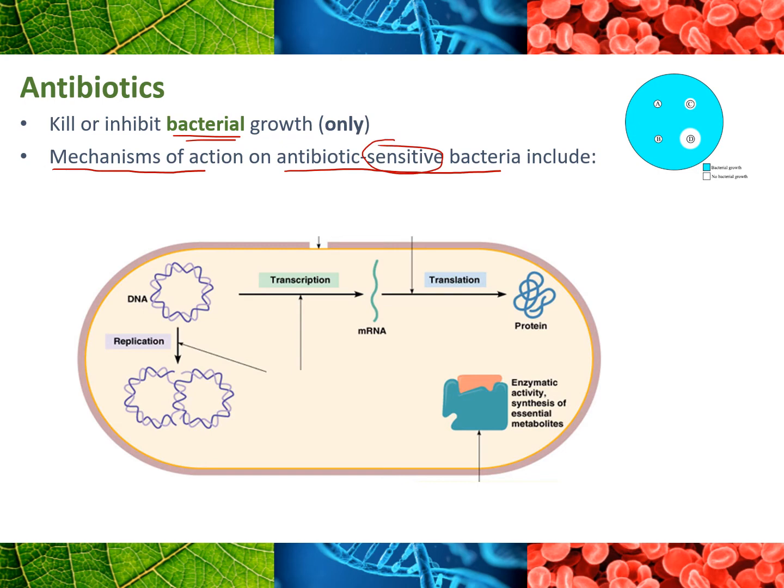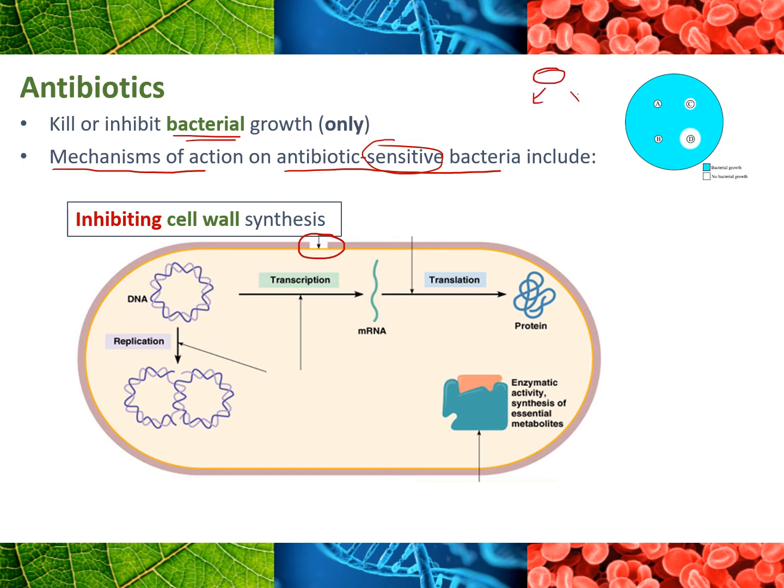There's a few different mechanisms of action. So one is that the antibiotics will inhibit the cell wall synthesis. So when bacteria are dividing, remember, a bacterium goes through binary fission, it'll create two more, they will create two each.